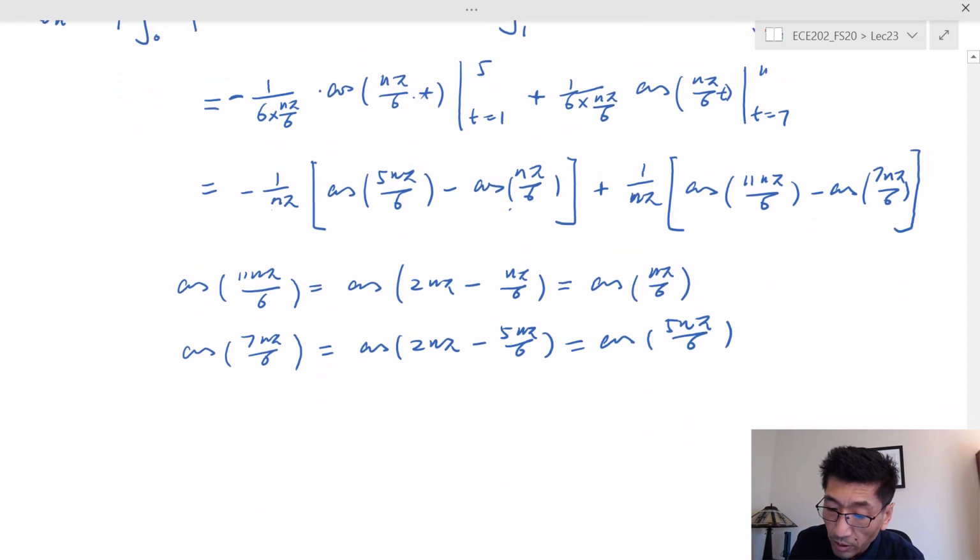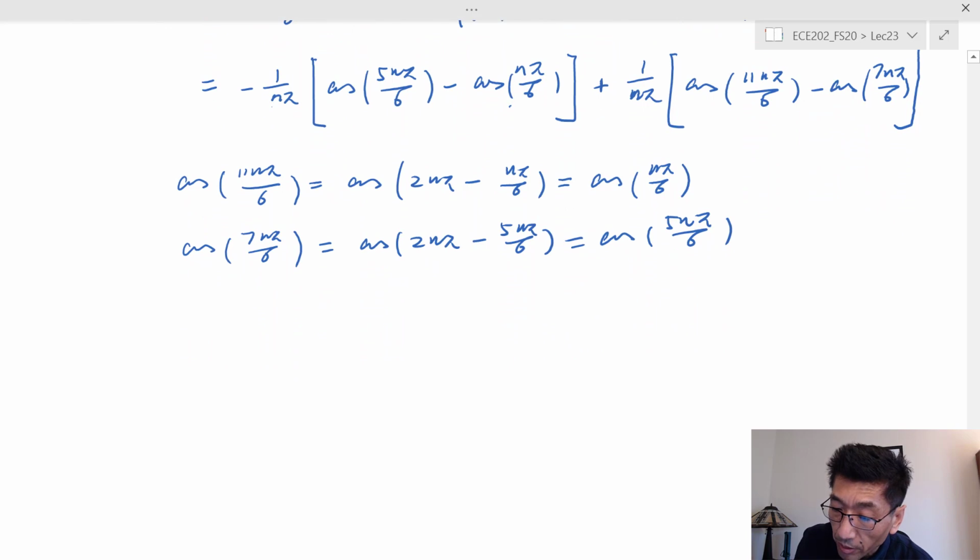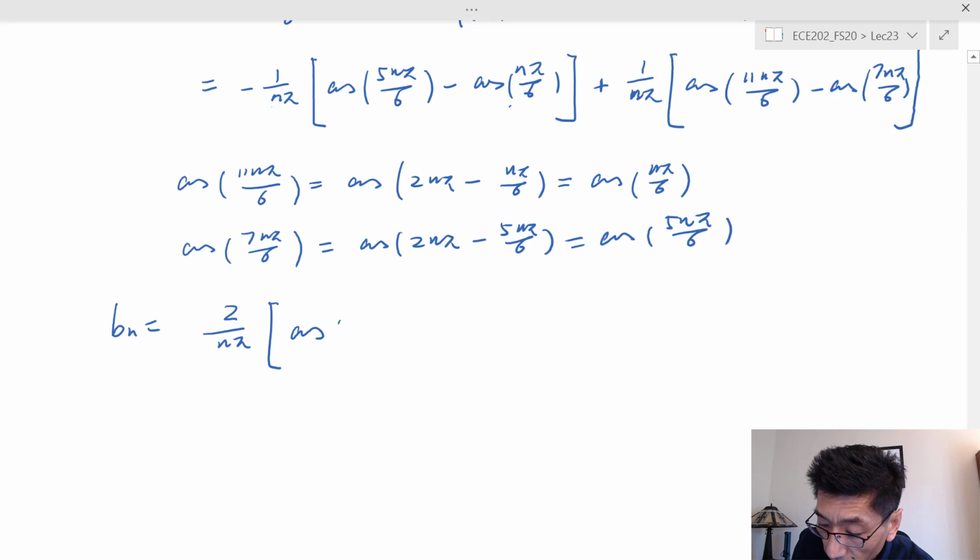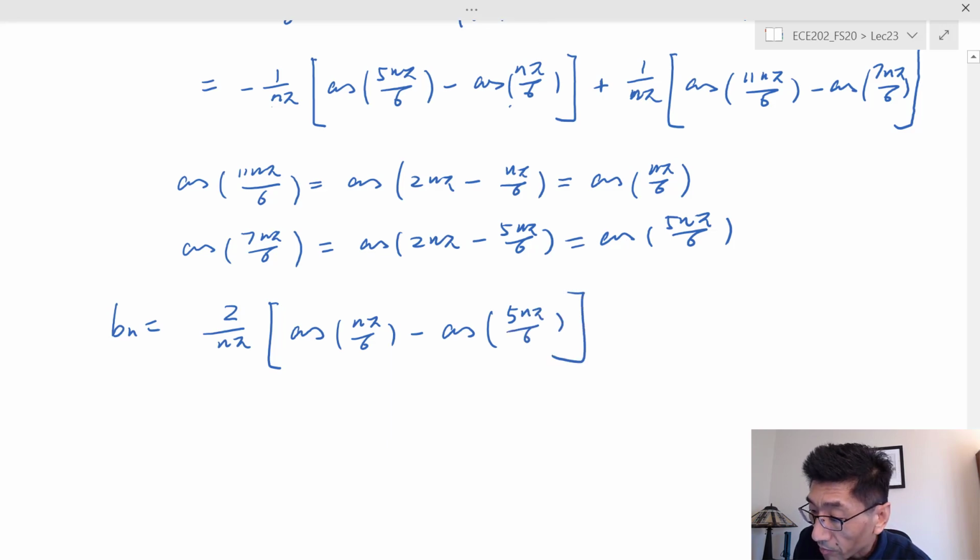So therefore, b_n should be equal to 2 over n pi. I just flip these two terms inside the brackets: cosine n pi over 6 minus cosine 5 n pi over 6, right? Because this term is equal to cosine n pi over 6, and this term is equal to cosine 5 n pi over 6.